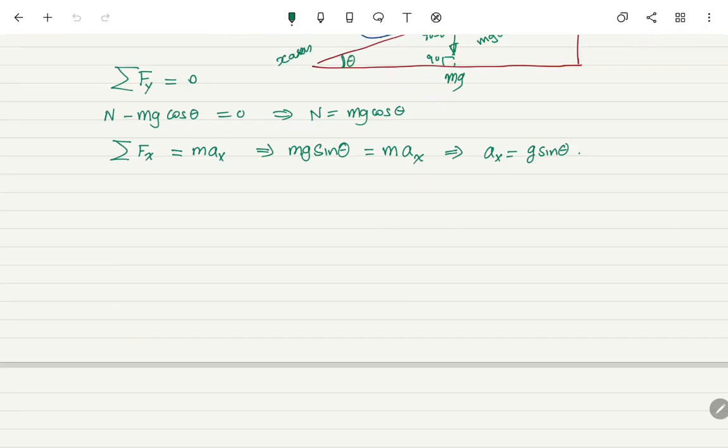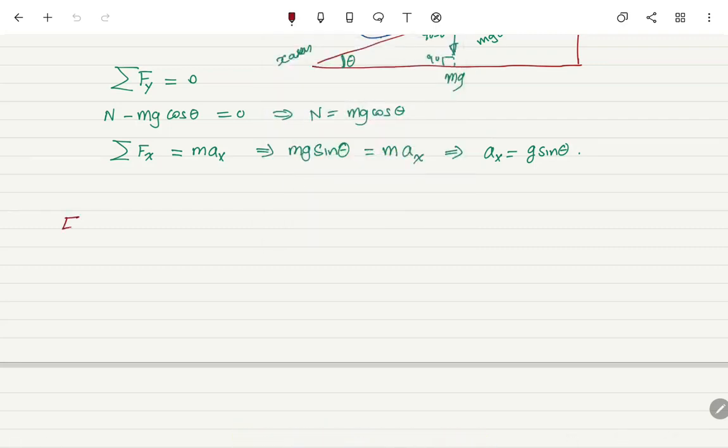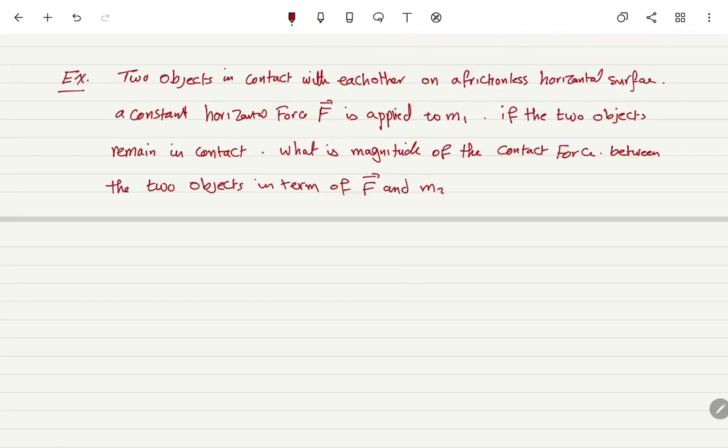Let's have another example. Two objects in contact with each other on a frictionless horizontal surface. A constant horizontal force F is applied to M1. If the two objects remain in contact, what is the magnitude of the contact force between the two objects in terms of F and M2?